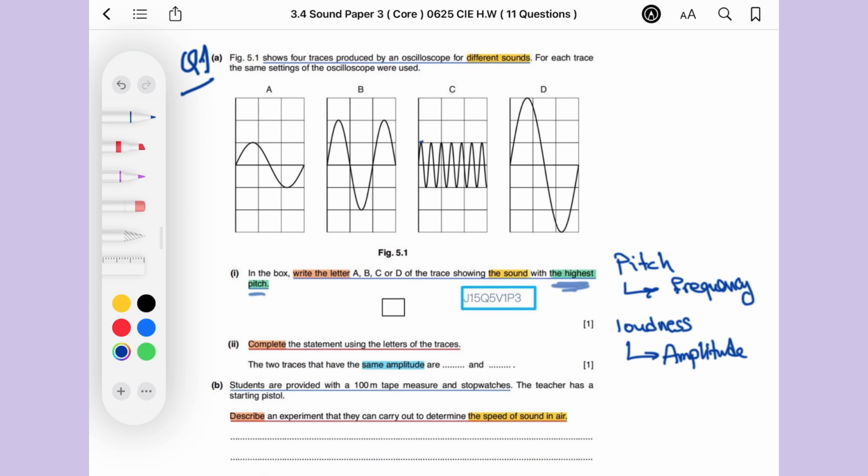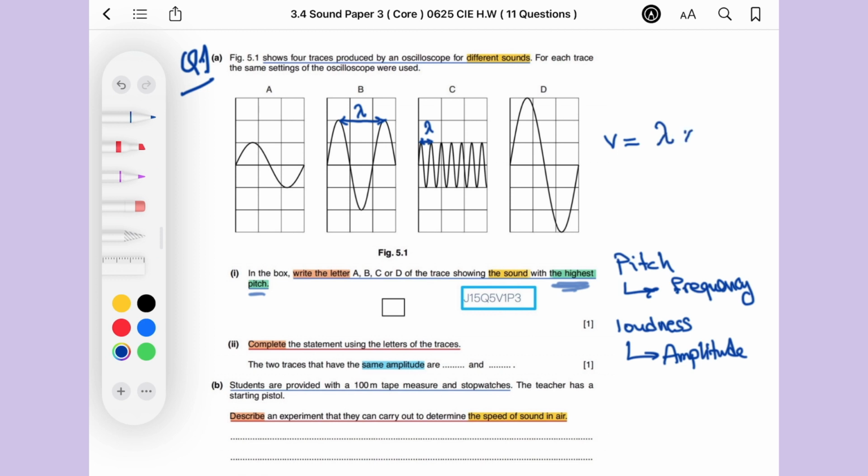Here, for example, the wavelength is very small. Wavelength is the distance between two successive crests. Here, the wavelength is longer. What is the relation between wavelength and frequency according to the wave equation?